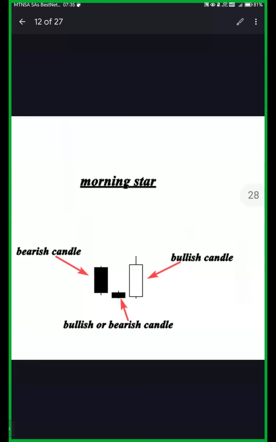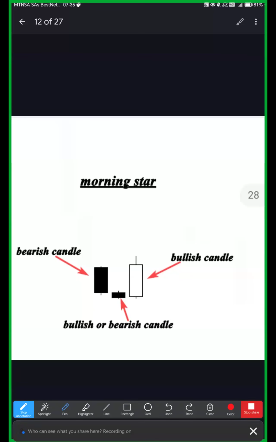One of them is the morning star. The morning star is also a market reversal signal. It signifies market movement to the upside. Can you recall when a beautiful morning star appears in the morning?